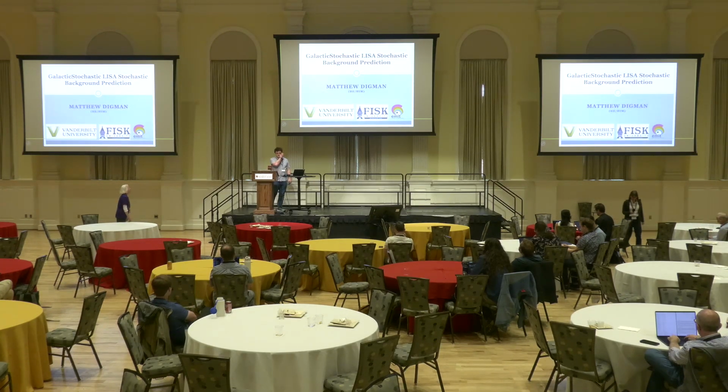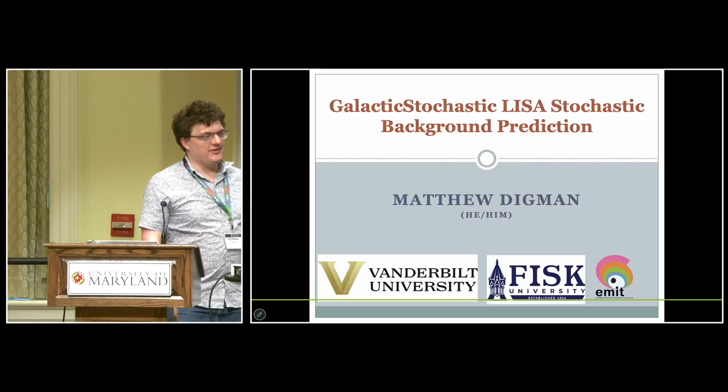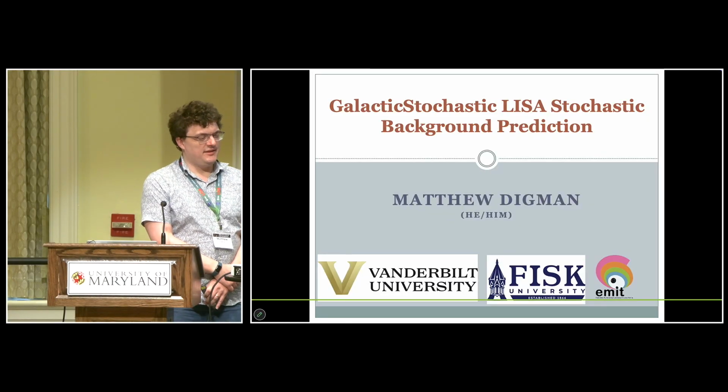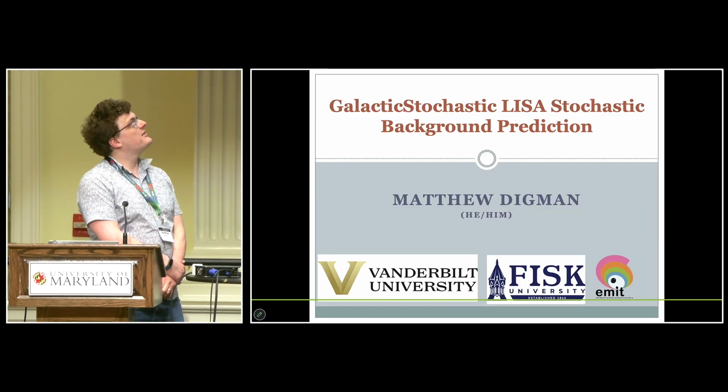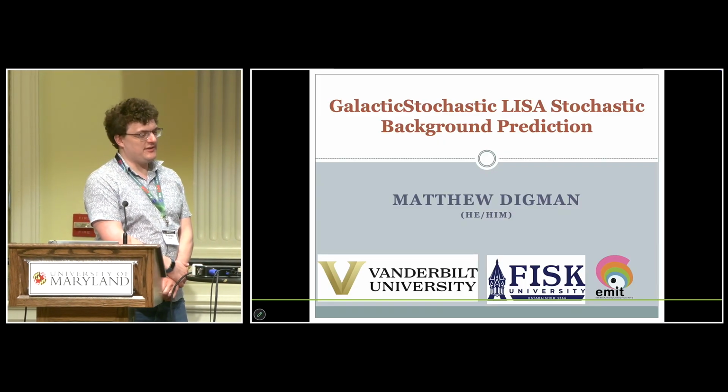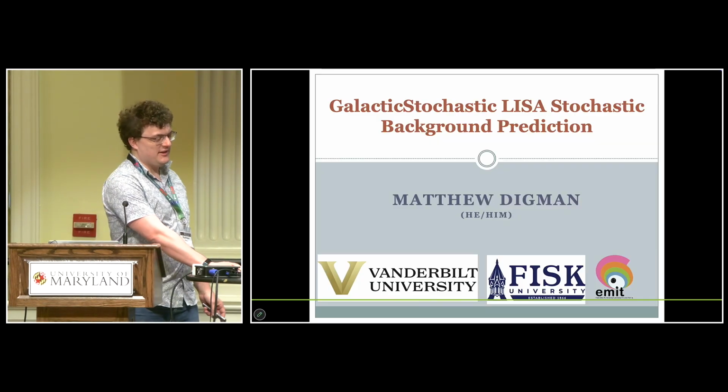Hi. I guess following on a theme here, I'm here to talk about my own code involving LISA galactic stochastic binaries. I think it's been covered in a number of talks, but here we go.